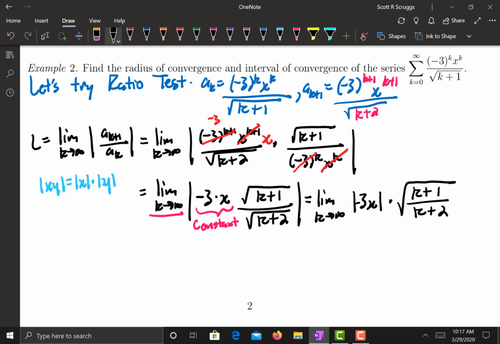I'm going to use my property of absolute values again to rewrite this as 3, because the absolute value of negative 3 is 3. But because I do not know whether x is positive or negative, I'm keeping the absolute value with it.